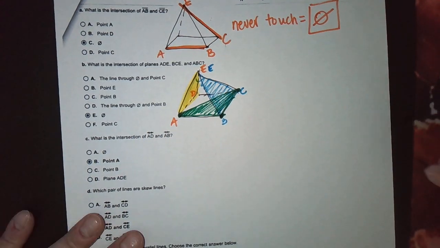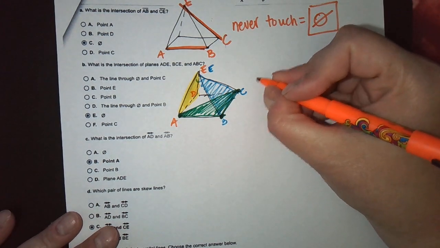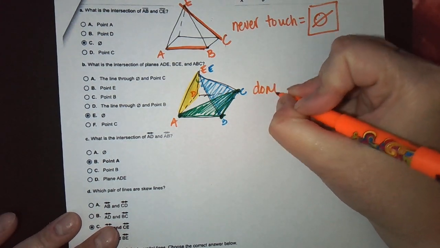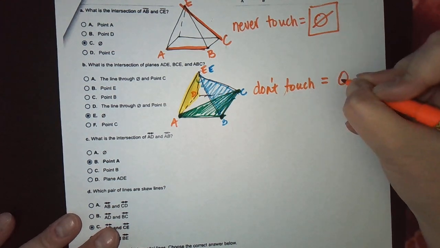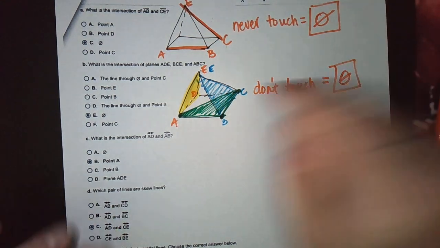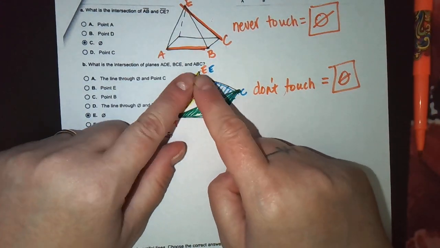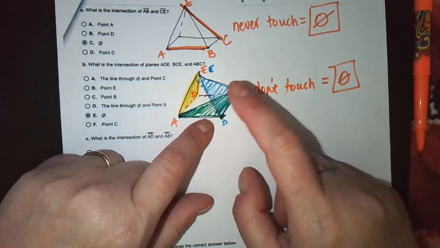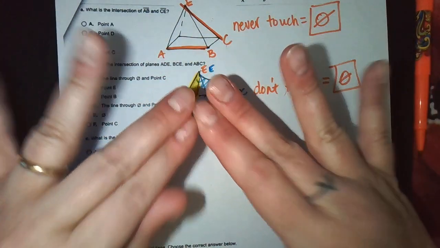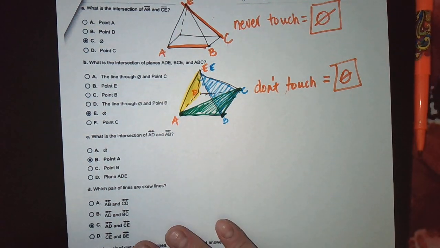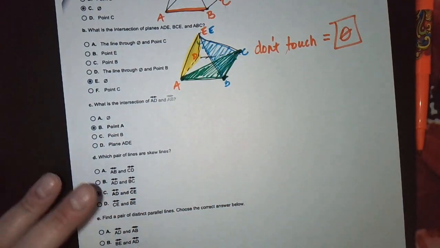And the answer is they never touch at the same spot. So it's no solution. Now, I know this blue and this yellow touch, and I know the green and the blue touch, but we want all of them to meet at some point. Okay, let's look at part C.